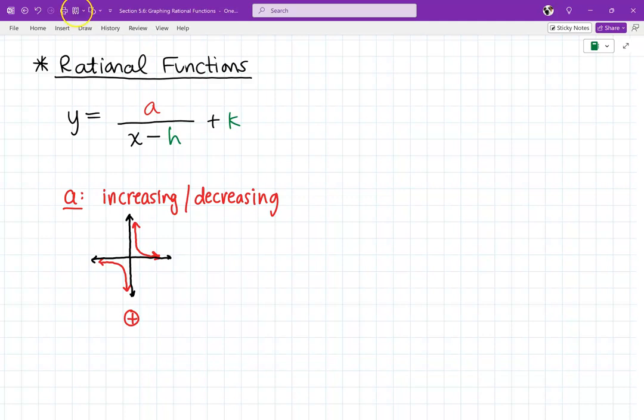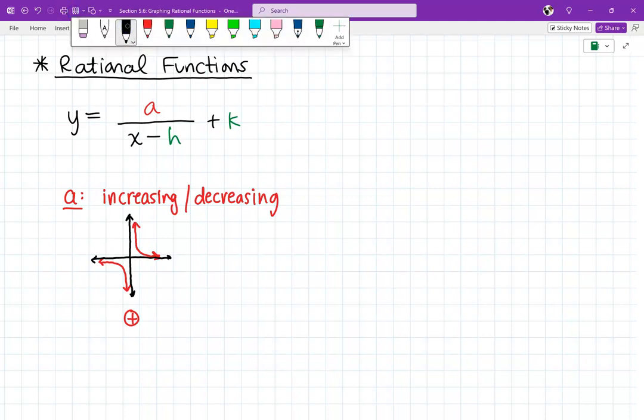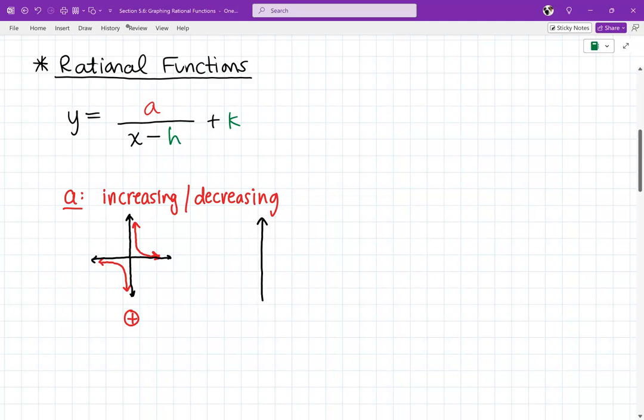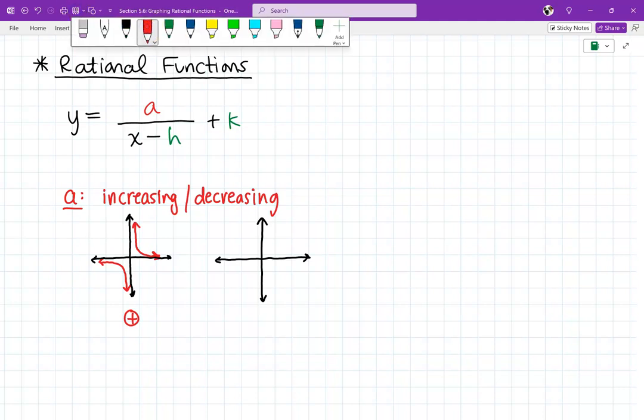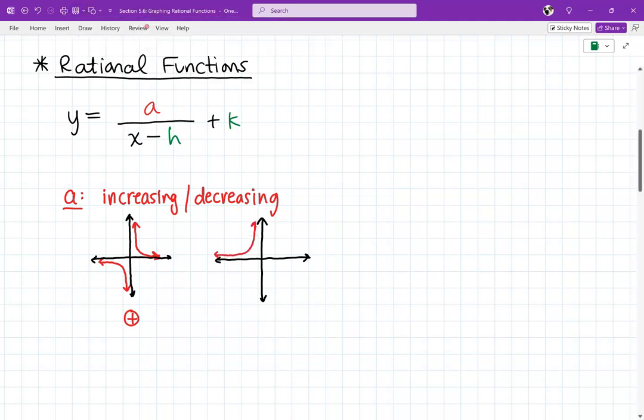Let me show you what that one looks like. So it's a little weird, but this graph will look like this. And this is if A is negative, okay?